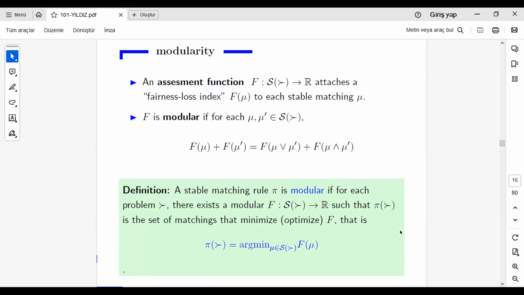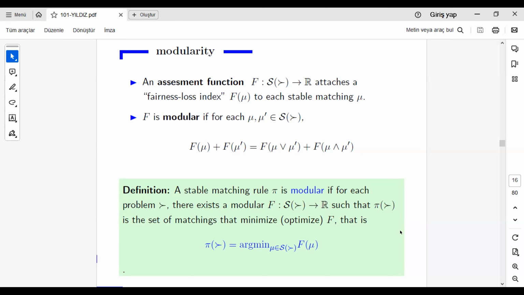So let's call a stable matching rule an apparatus which, whenever we are given a stable matching problem, picks up a subset of the set of stable matchings of the lattice.